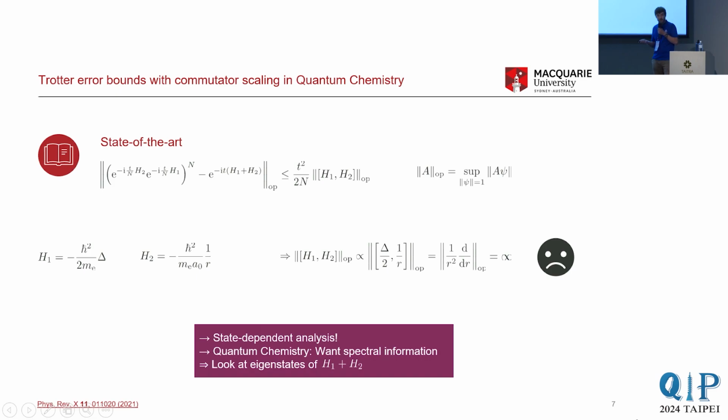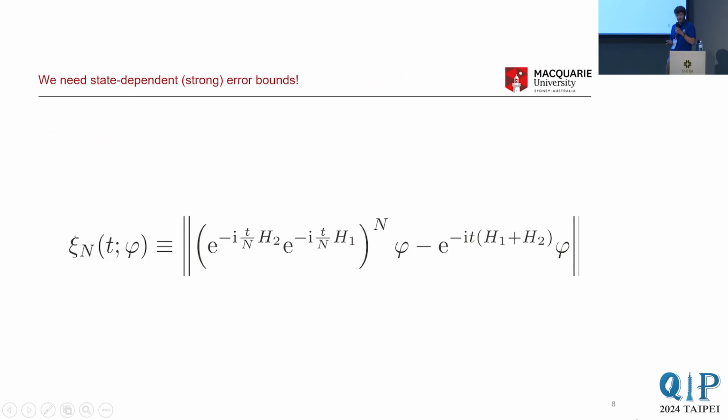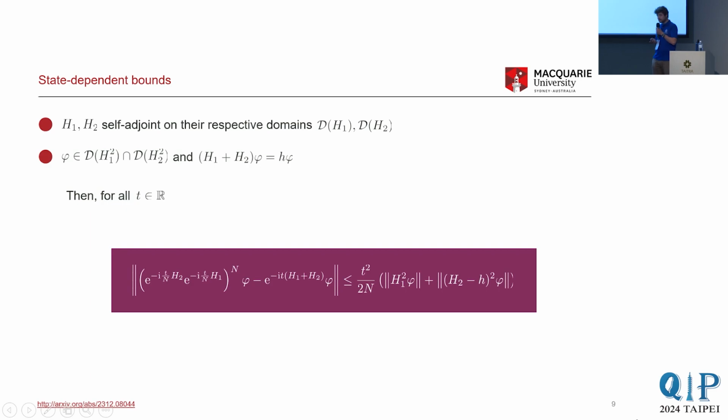That's why we want to look at eigenstates of the target Hamiltonian. So we want to look at the Trotter evolution applied to an input state minus the target evolution applied to the input state, in the normal L2 norm of the Hilbert space. This is our first contribution: we found bounds that compute exactly this.